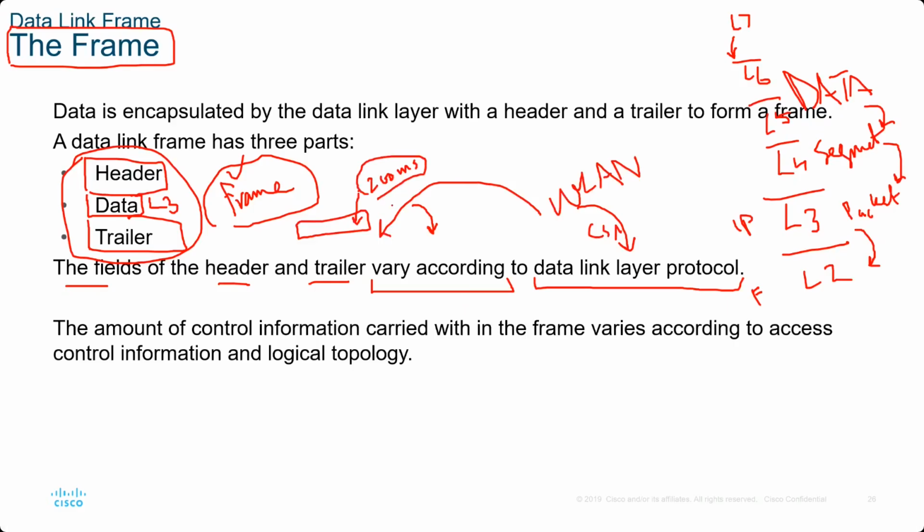Everyone must know this. This information is not needed if you are not using WLAN, if you are using a wired connection. So if you change the physical connection at the data link layer, protocols change and the frame would look very different for different physical connectivity.